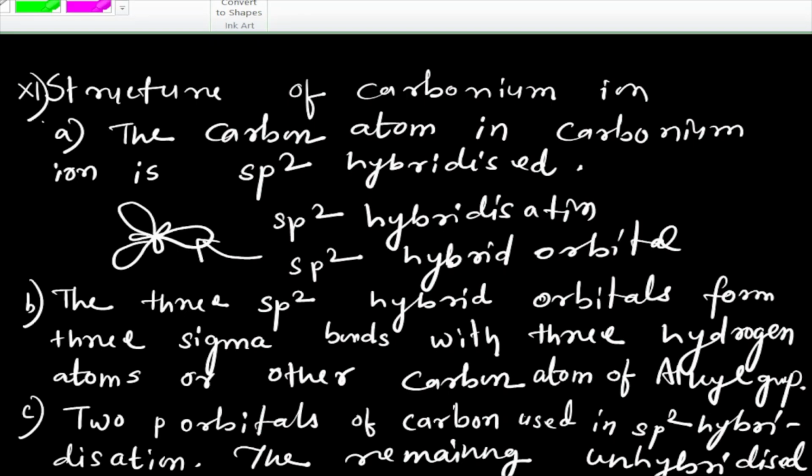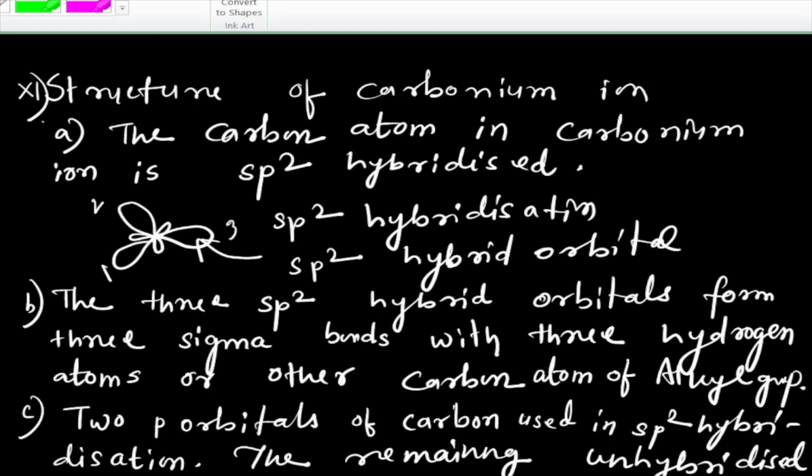The three sp2 hybrid orbitals, now you can observe, how many orbitals are there? 3 orbitals are there: this is 1, this is 2 and this is 3. These 3 sp2 hybrid orbitals form 3 sigma bonds with 3 hydrogen atoms.